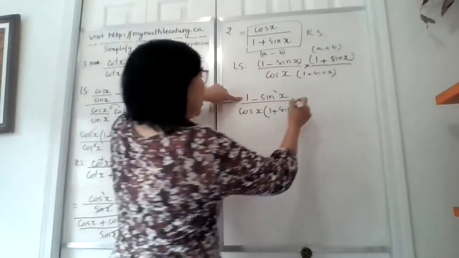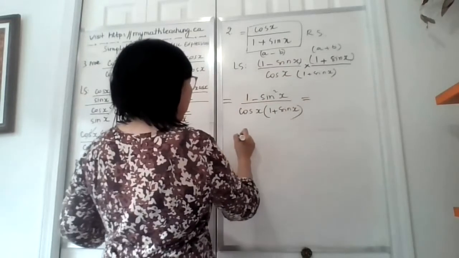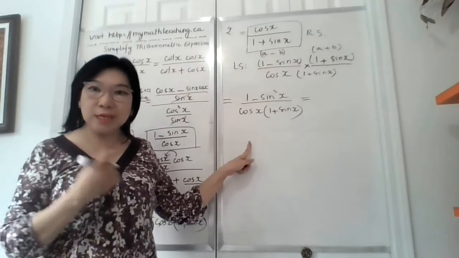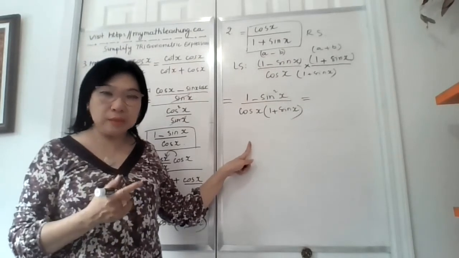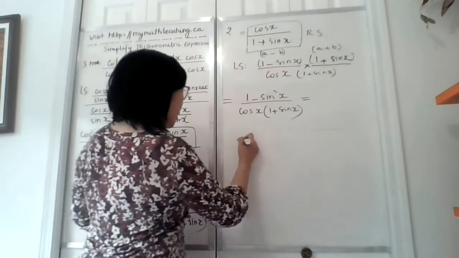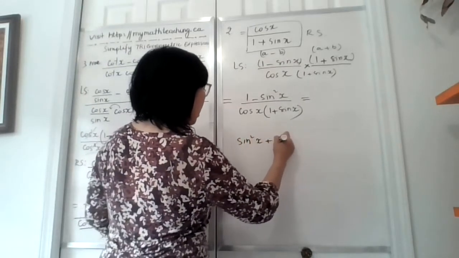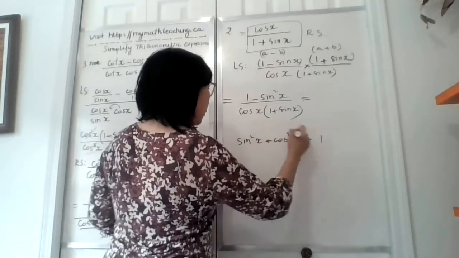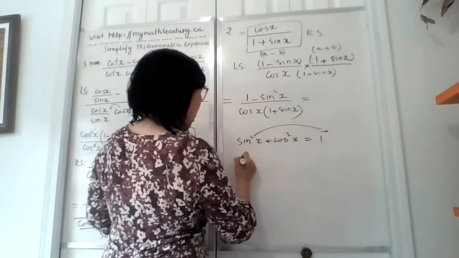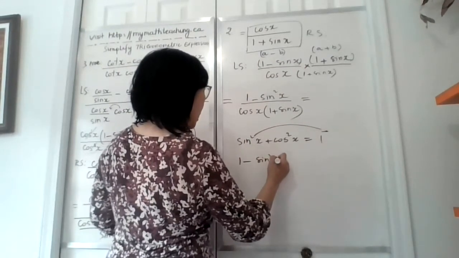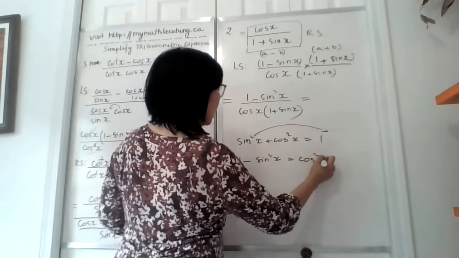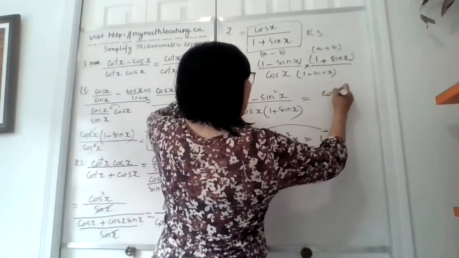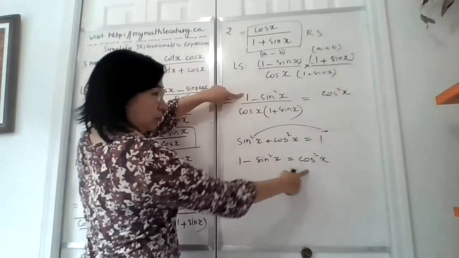And it turned out, if I remember the trig identity, the first trig identity, very important to use: sine square x and cos square x equal 1. It means, let me write down, sine square x plus cos square x equals 1. So if I transfer this over, 1 minus sine square x equals cos square x. So this one, I can change into cos square x because this equals this, right?